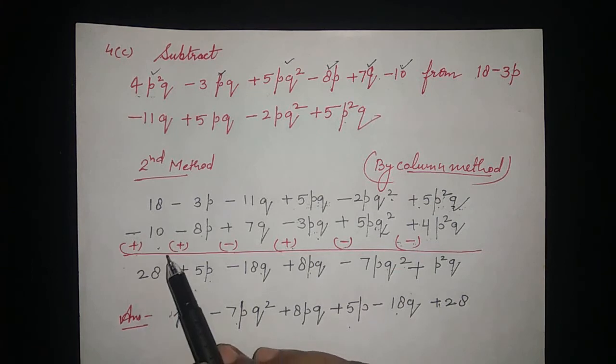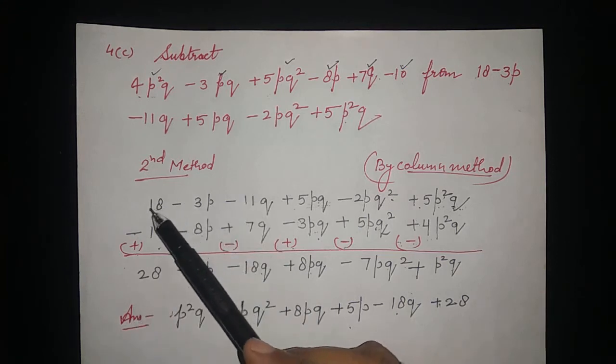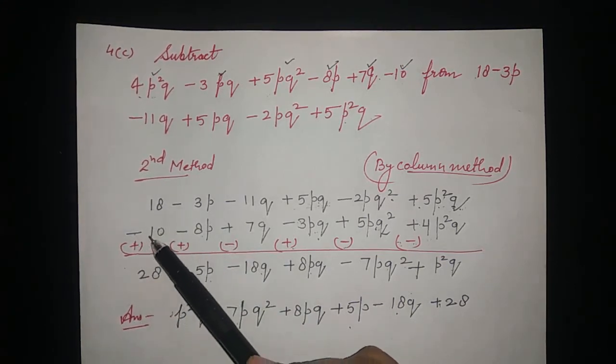Okay. Then after writing like this, now what you have to do? You will start to solve it on the basis of sign. Okay. Before each term you have to see very carefully which sign is there. So plus 18 and this plus 10.